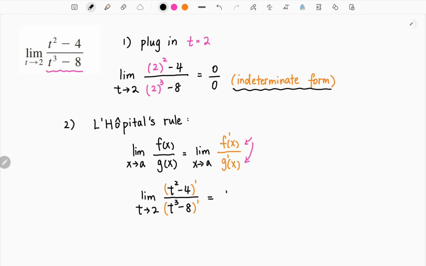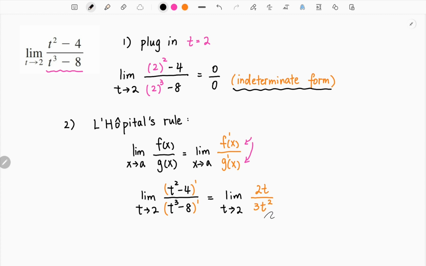And we will get, as t goes to 2, 2t, which is the derivative of t squared minus 4, over 3t squared. And 3t squared is the derivative of t to the third minus 8.